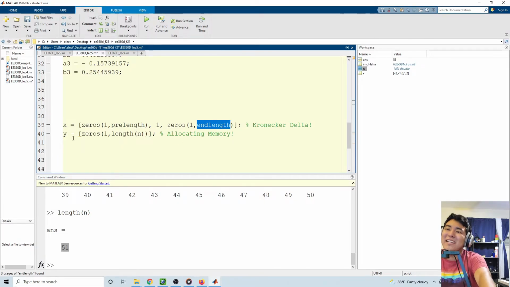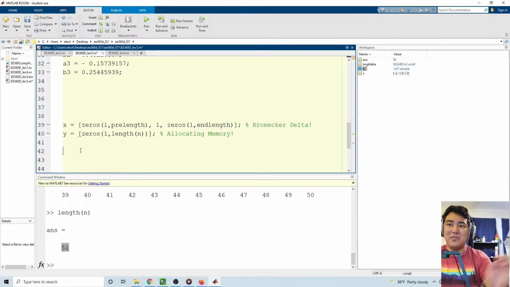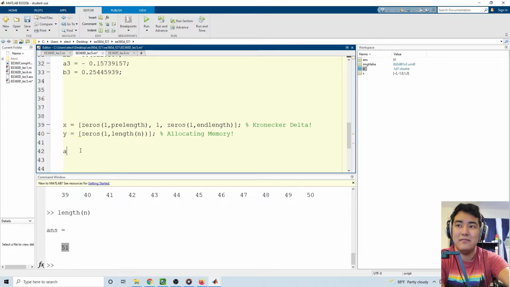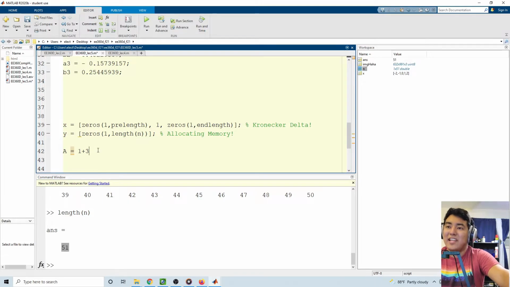Makes life simple. And then what I want everyone to do right now is start pre-allocating memory. Just allocate memory. So in MATLAB, you can dynamically create memory by just doing, like, a is equal to 1 plus 2 or 3. This is how you just dynamically allocate it.